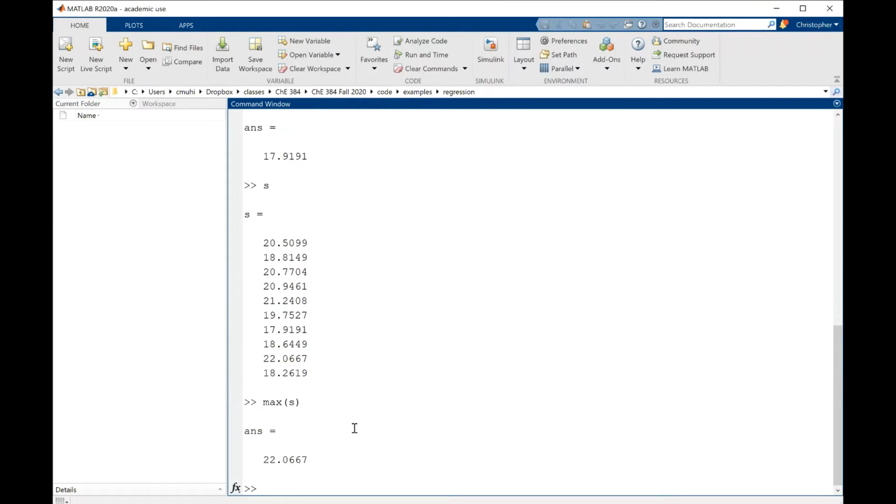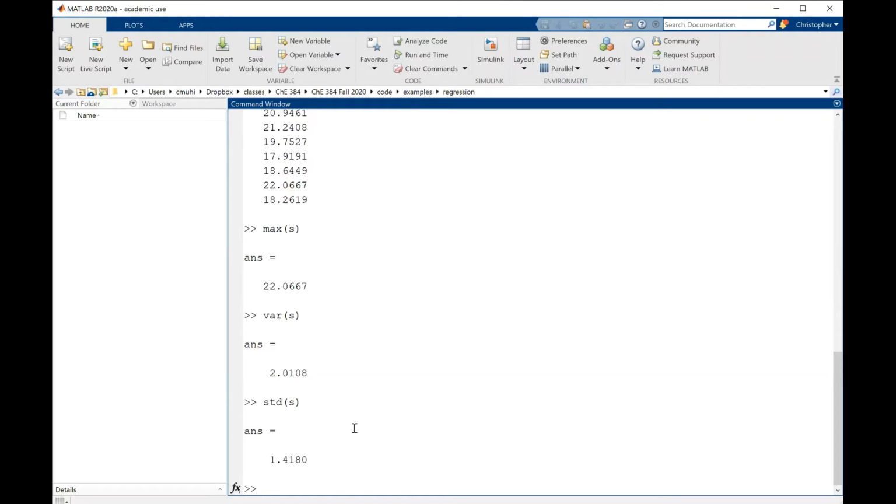So we can get all these nice statistics on the location, and then we can extract information on the variance, or the spread of the data, using var for variance of S, which is 2, and the standard deviation of S, which is 1.4, the square root of 2. Right. So we can get all of this information out of Matlab.